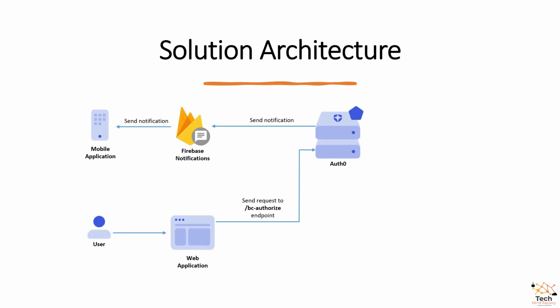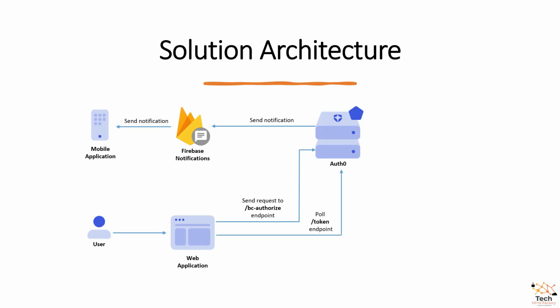This is the solution architecture that I created for the demo application that I will be presenting in this video. As you can see, on the Auth0 side, I configured push notifications with Firebase, because I will be using an Android application for the demo. So Auth0 sends this push notification through Firebase notifications, and my mobile application receives the notification.